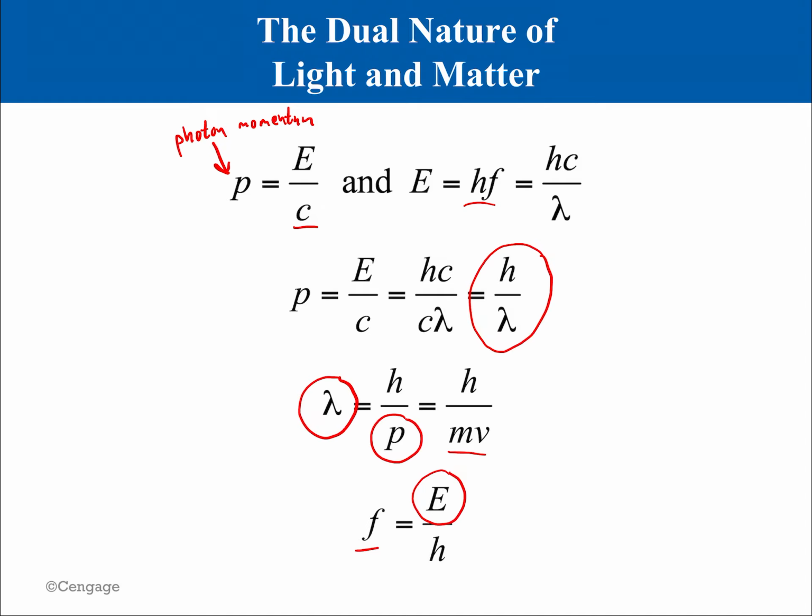The dual nature of matter is apparent in these last two equations, because each contains both particle concepts like mv and E, and wave concepts like lambda and f. The fact that these relationships had been established experimentally for photons made the de Broglie hypothesis that much easier to accept. And the Davisson-Germer experiment in 1927 actually confirmed de Broglie's hypothesis.